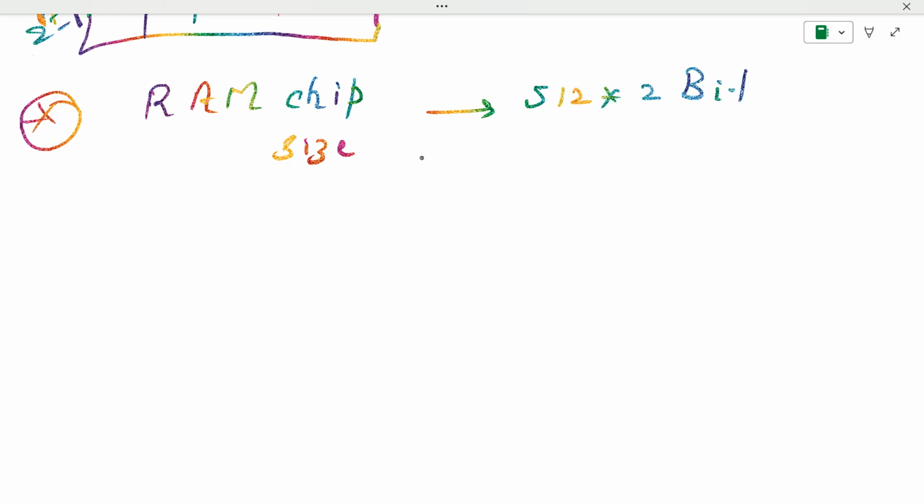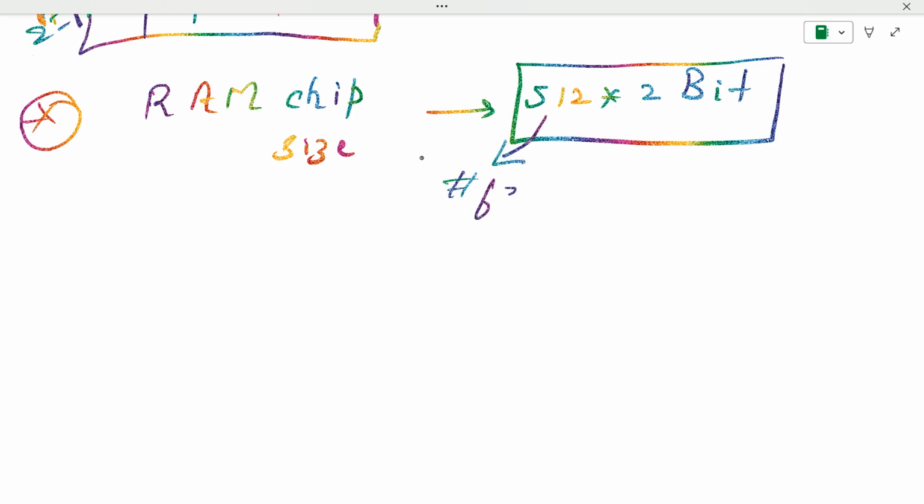Now, just see this part. We are making the main memory from this RAM chip. So the RAM chip size is 512 into 2 bit. This means that inside the RAM, the number of rows is 512, 2 raised to the power 9, and each row can hold 2 bits of data.